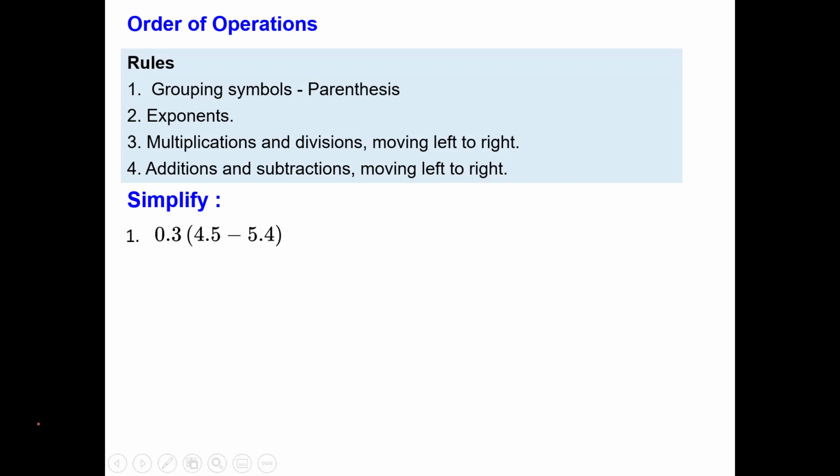In this case, the first thing we want to solve is what we have inside the parentheses, and then we will solve the multiplication. First the parenthesis. Then we need to solve 4.5 minus 5.4.